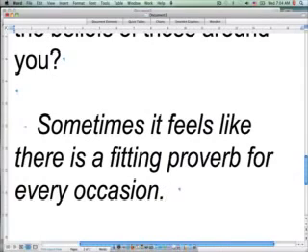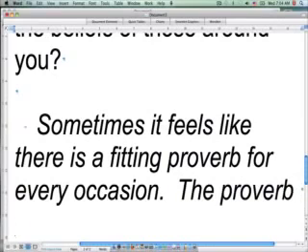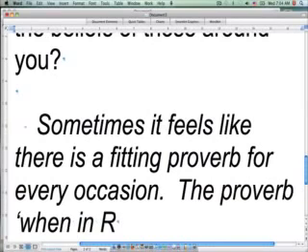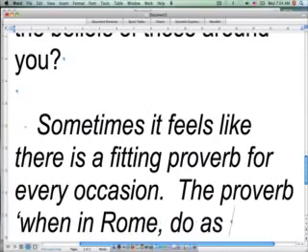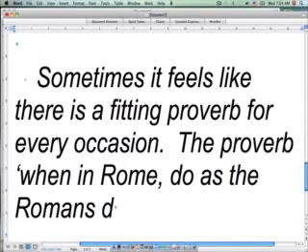So we can reference the proverb that they give us. Let's say, just the proverb, when in Rome, do as the Romans do. Okay. Now, when we look at the proverb, it's sort of, if you are in Rome, then you should act like the people around you.